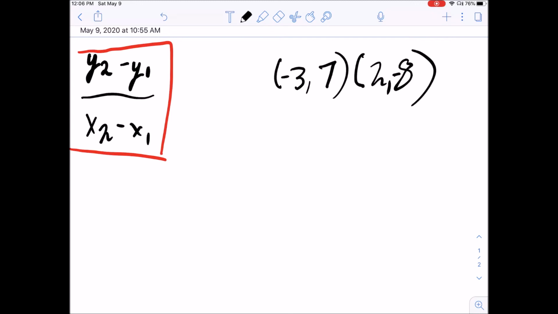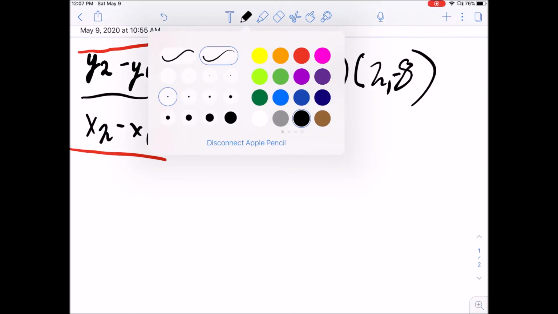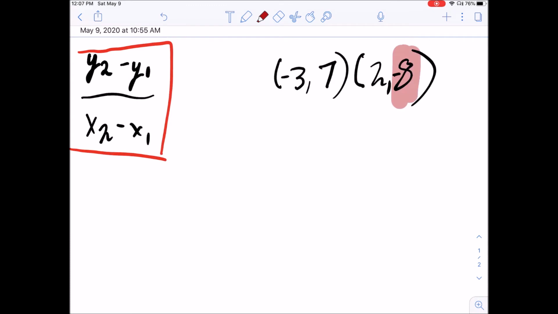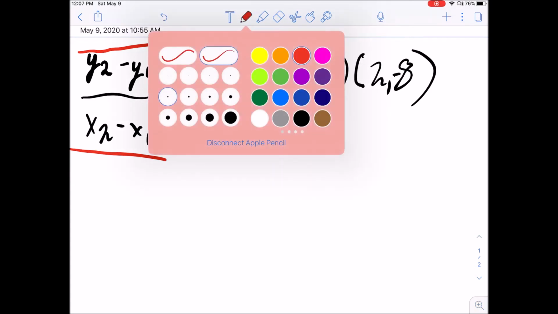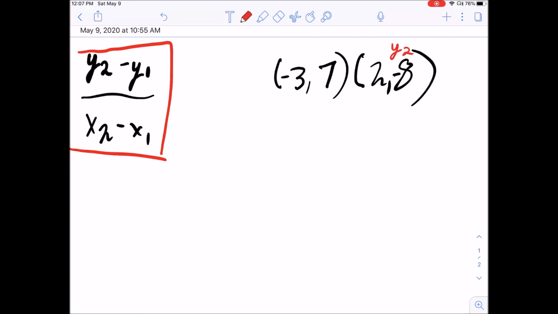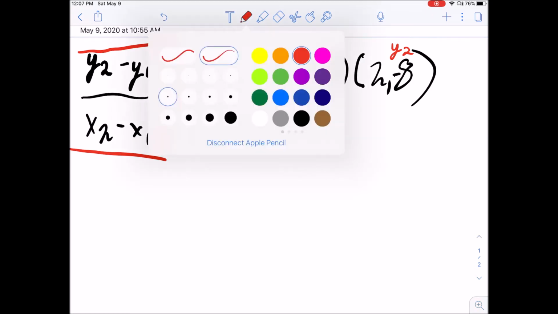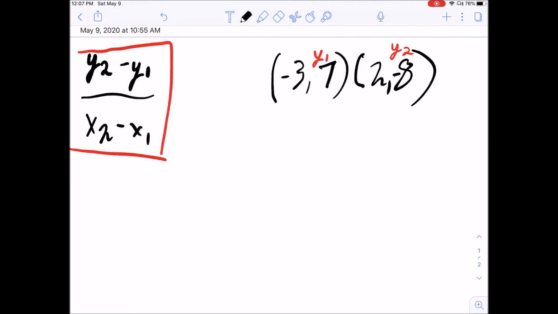Alright, first let's label. If you're doing this the first time, let's label it. This is y2. This is y1. This is x1, and this is x2.